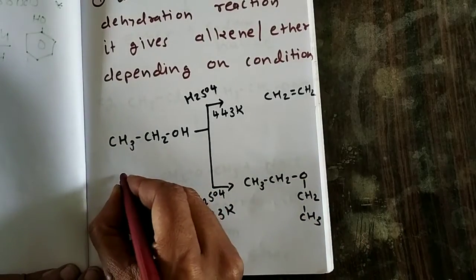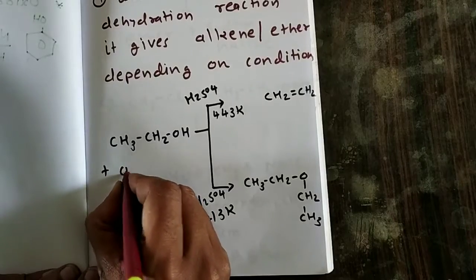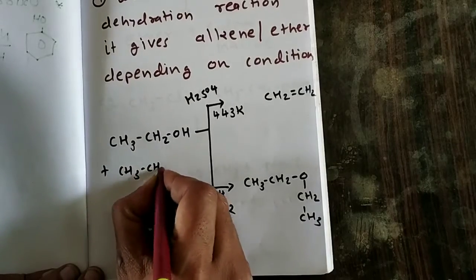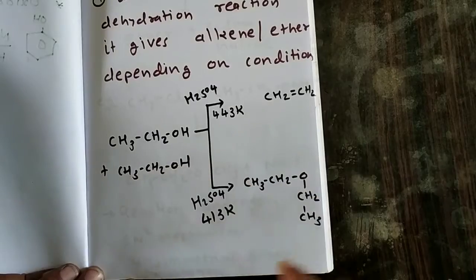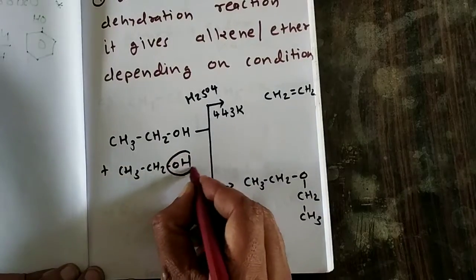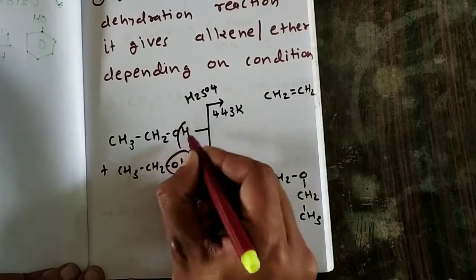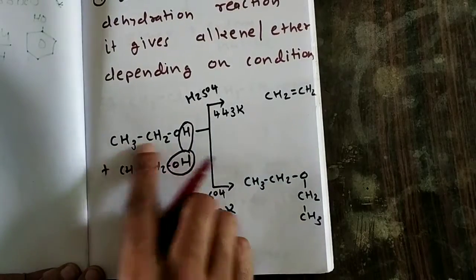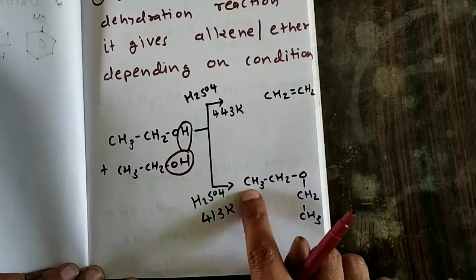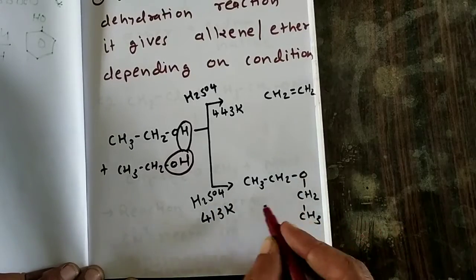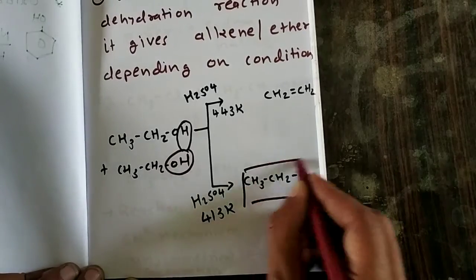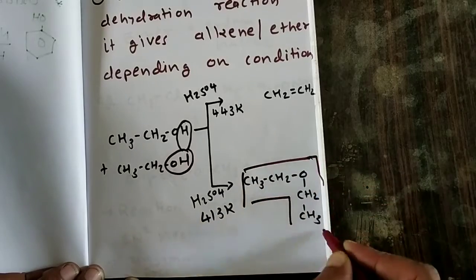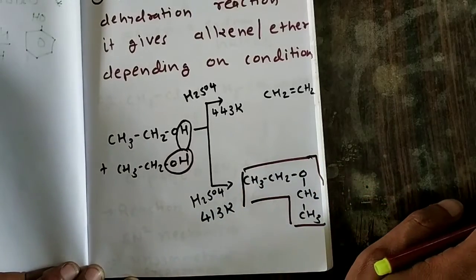Look here, second molecule of ethanol comes, this OH and H, they will combine to form H2O. Remaining parts will attach together to form ether. You can see here, this one is our ether. So this is the first preparation.